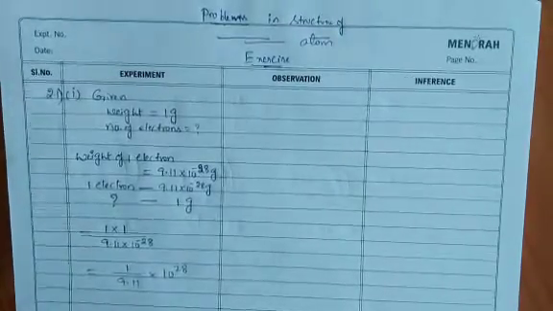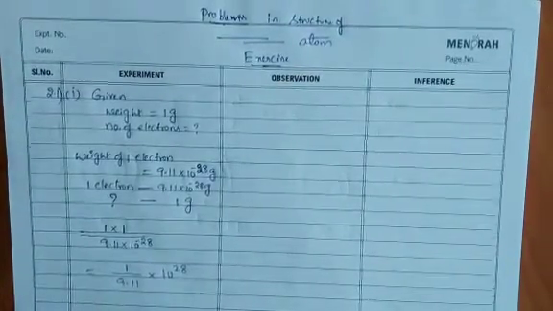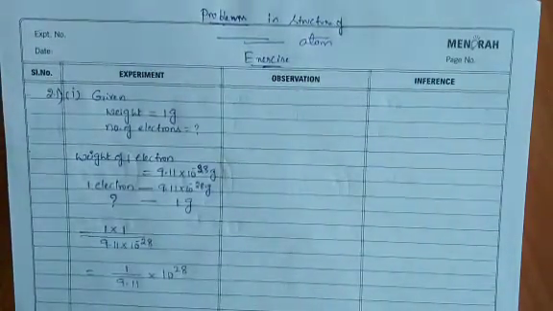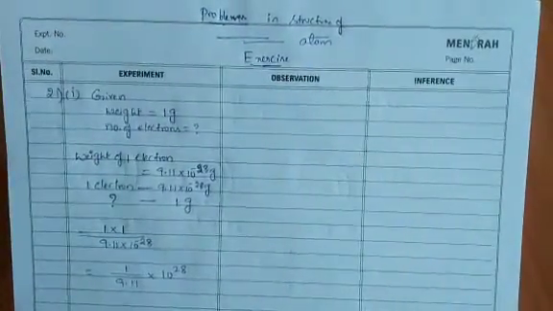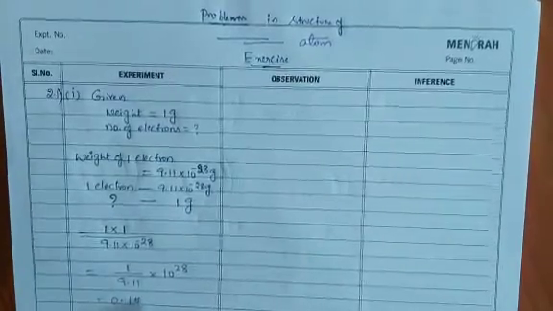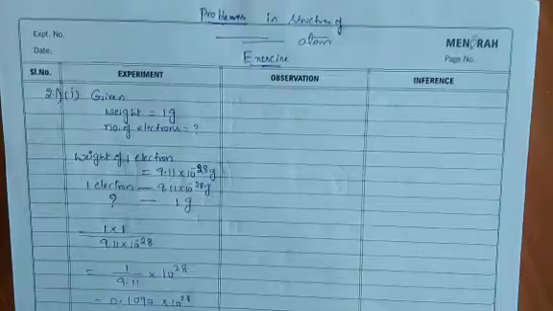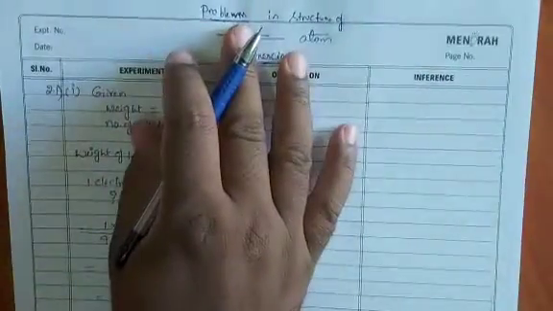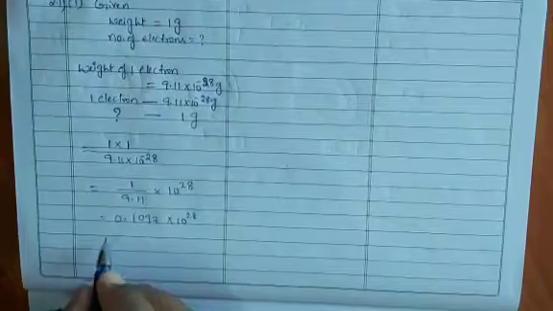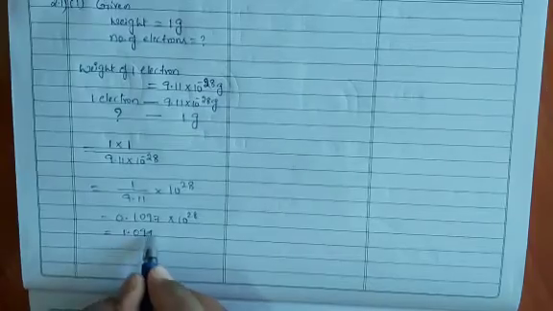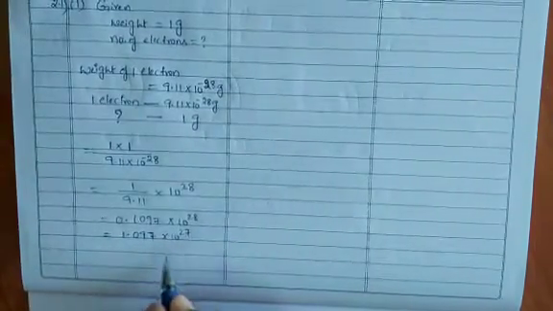Okay, ma'am. 1 by 9.11 value, I will check that and I will say: 1 divided by 9.11 is 0.1097 into 10 power 28. What is the value, ma'am? 0.1097 into 10 power 28 is equal to, this one we can write as 1.097 into 10 power 27 electrons.